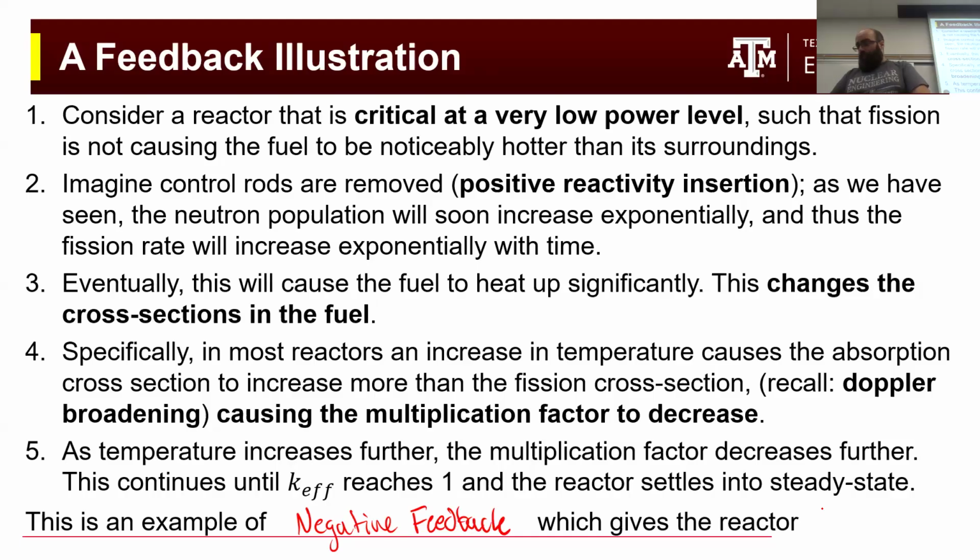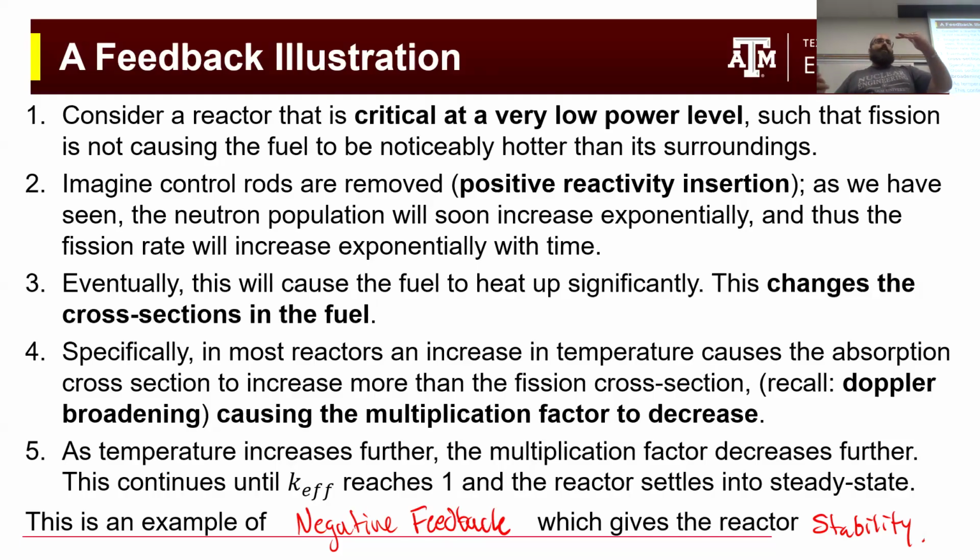And negative feedback is good because it gives our reactor stability. If you try to design a nuclear reactor and you want to get your reactor licensed, one of the things that you have to be able to demonstrate is that your reactor has negative feedback mechanisms. Because otherwise, you could have a situation where all of these same things happen.